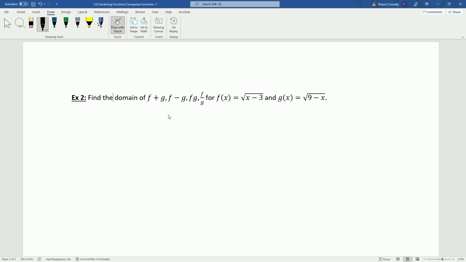Now, the thing to keep in mind here is that for f plus g, f minus g, and f times g, the domain is the set of x values in the domain of both functions.